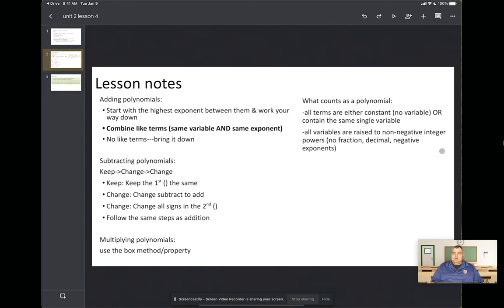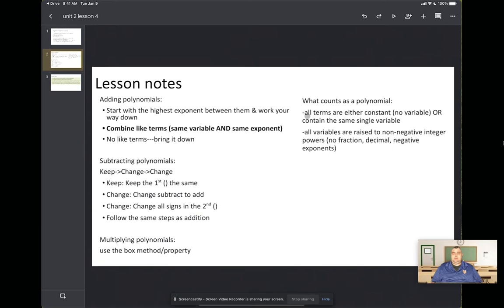Last thing I want to address in the lesson notes is what constitutes a polynomial. If I have a mathematical expression, how do I know if it's a polynomial or not? Well, we've talked about this before. A polynomial has to have more than one term. Poly means many, so that's an obvious characteristic. But these are the other important characteristics.